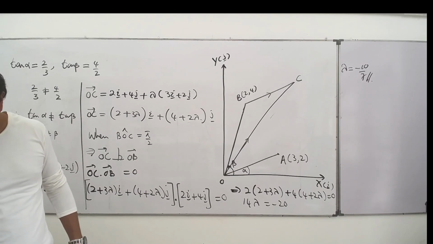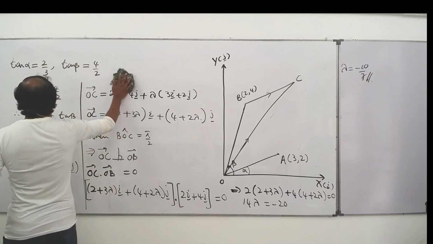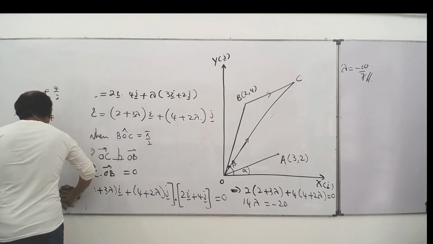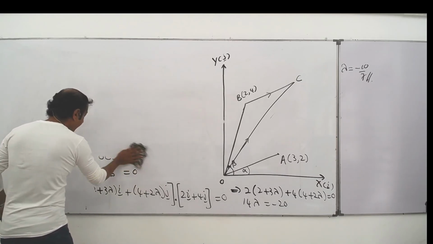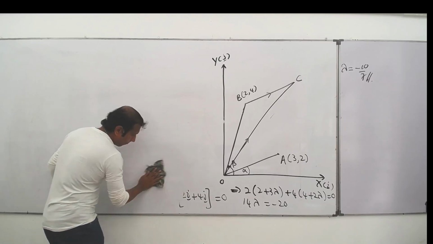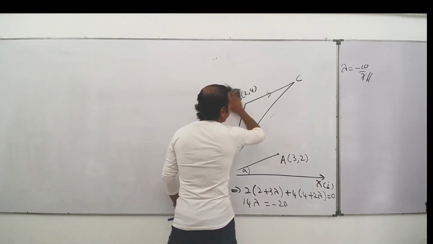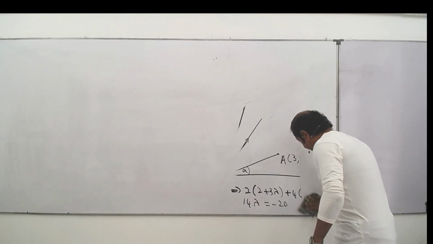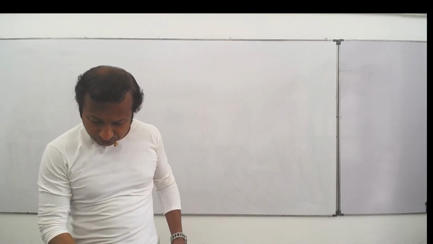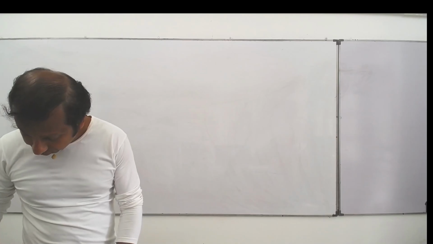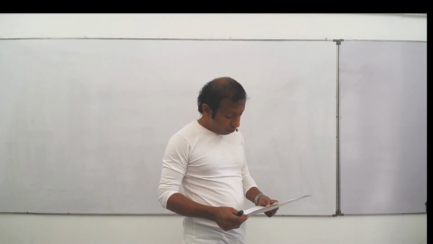Last question, question number 4. Right, number 4 says a uniform rod AB of length 8A and weight capital W has its end A smoothly hinged to a fixed point.